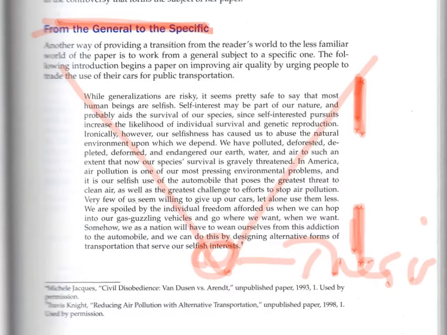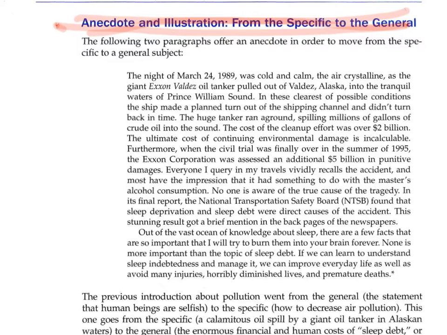You've probably used it once or twice yourself, but it is another way to do an introduction. A variation on this movement from general to specific is one where you move from the specific to the general. So it's like this. You start out here and you get bigger. Typically, you do this by telling a story at the beginning and then generalizing about the story.